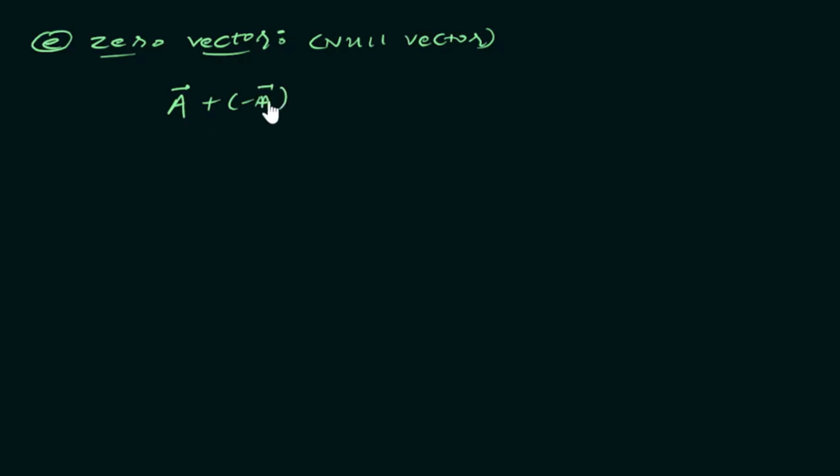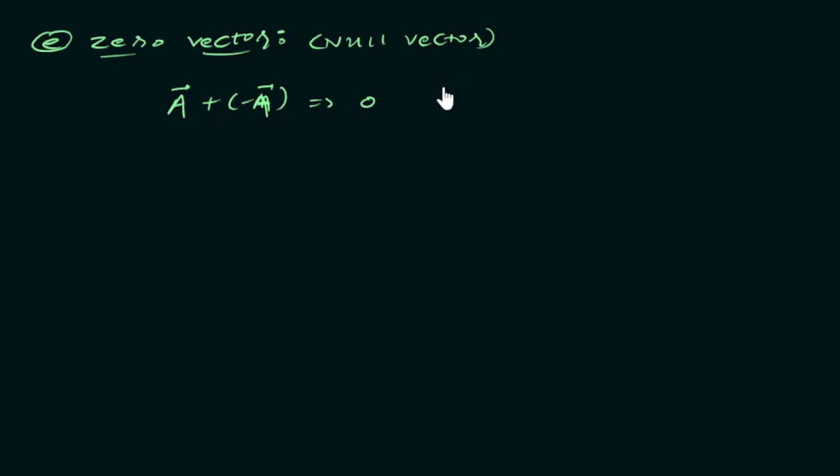Our fifth type of vector is a zero vector. This kind of vector is also known as a null vector. Consider one vector A. If it is added to its negative, -A, the result will be a zero vector.